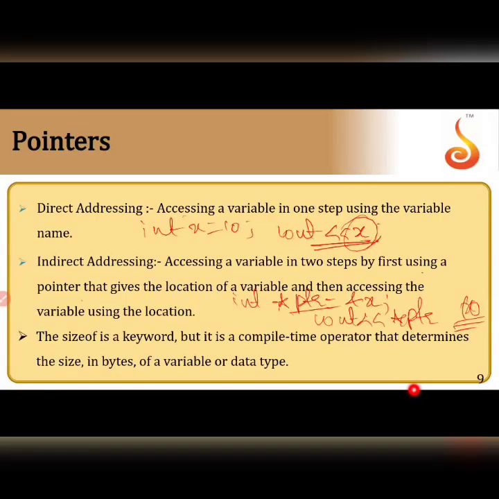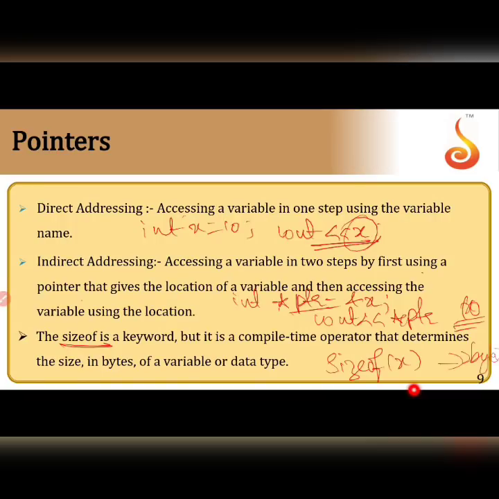The next is size of. What does size of give? We have already done this. Size of will give you the number of bytes required to store that data type, or a variable of that data type. So, if I say size of x, it will give me 2 bytes.